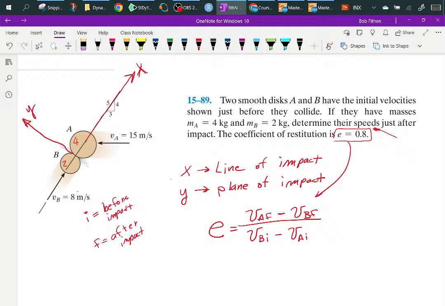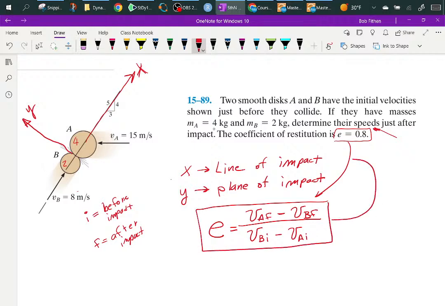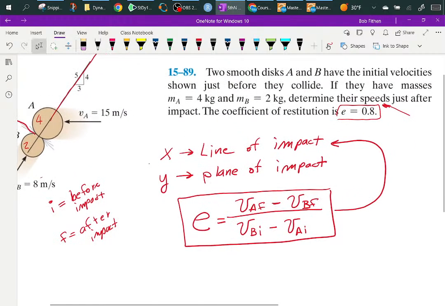However, this equation is only useful along the line of impact. And therefore, I can put it in here and say this. How about I do this?